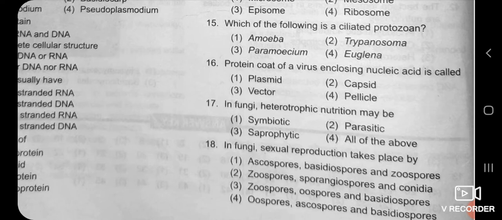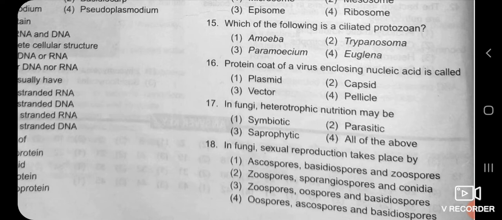Flagellated protozoans have flagella, for example trypanosoma. Ciliated protozoans have cilia, for example paramecium, and the sporozoan has a spore-like structure, for example plasmodium. So the correct answer is paramecium, because it has cilia over its surface, so it is called a ciliated protozoan.